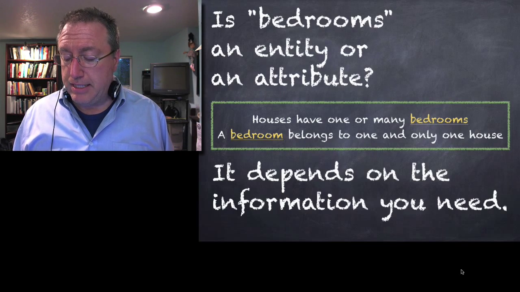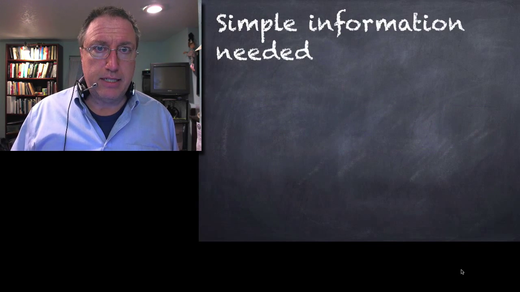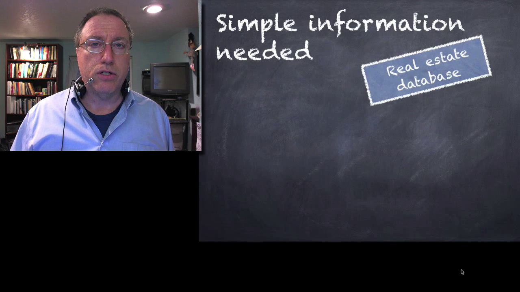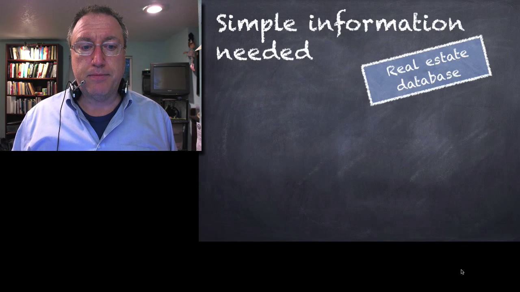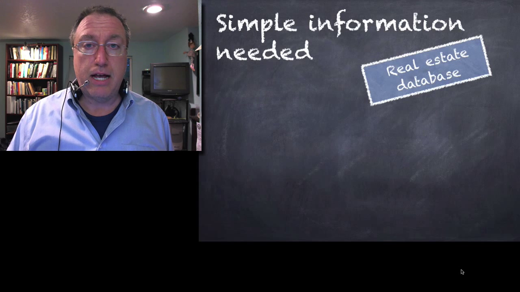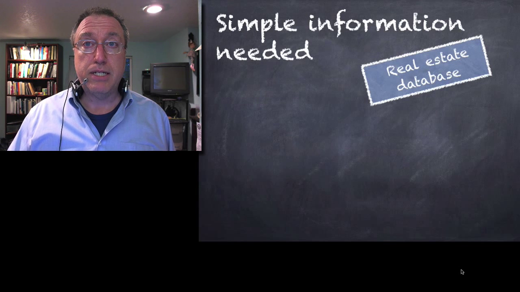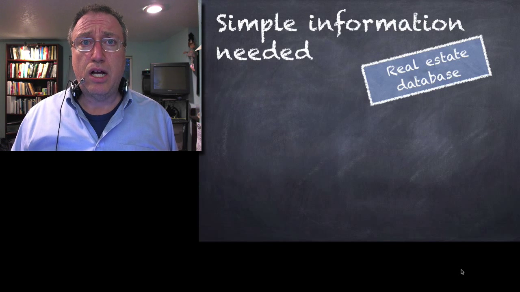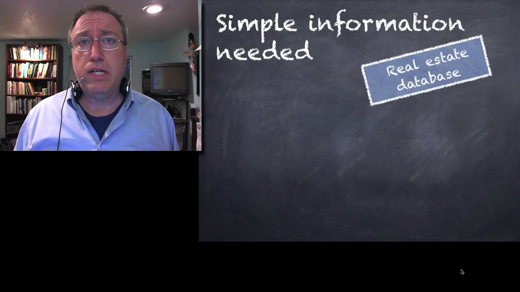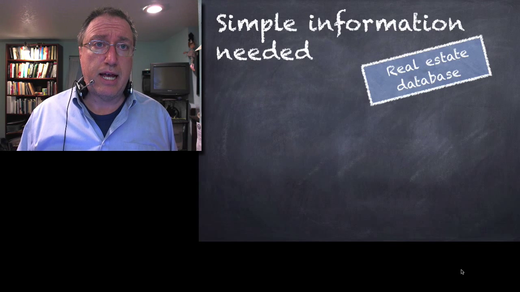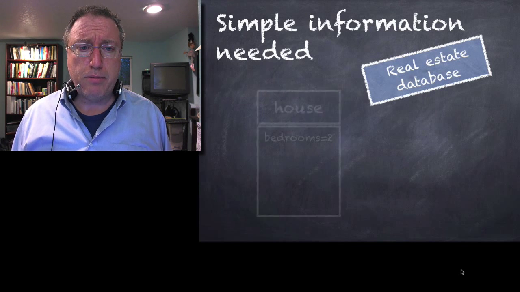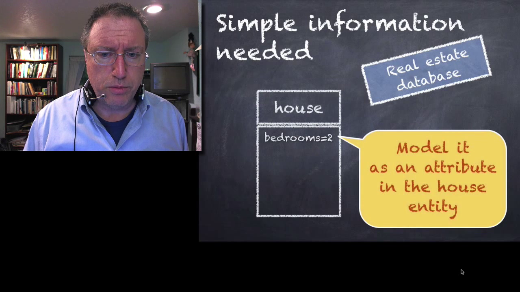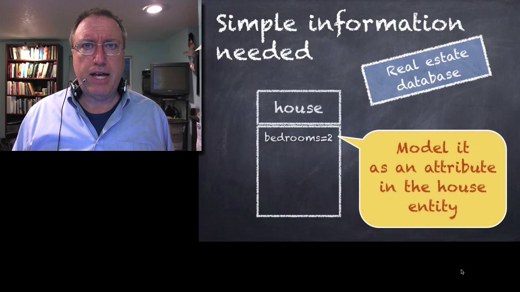For example, let's say we just need simple information. We're doing a real estate database. In that case, it only matters: does the house have one bedroom? Three bedrooms? Five bedrooms? The realtor will show the house off. They don't need to describe it in any more detail than that. So at that point, you could probably just store the number of bedrooms as an attribute of the house.